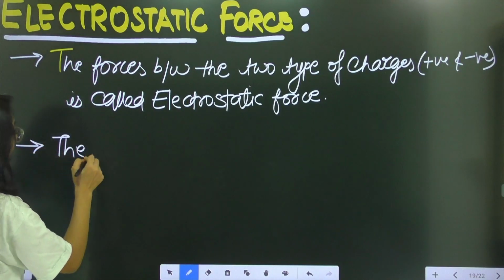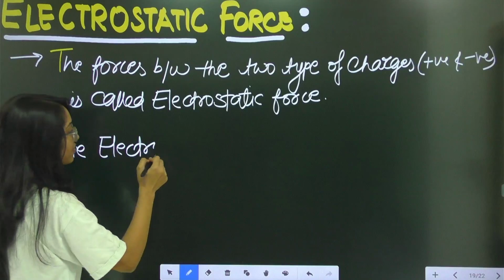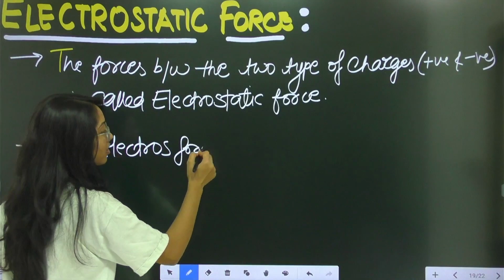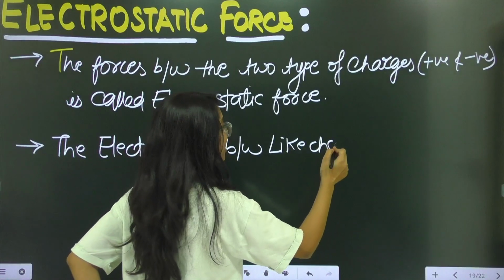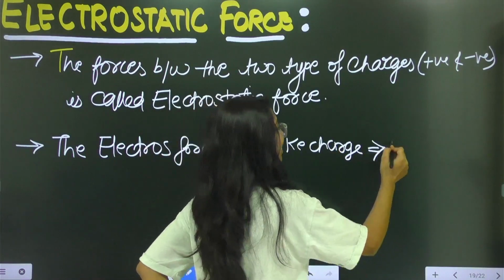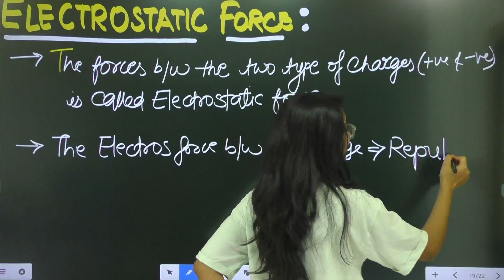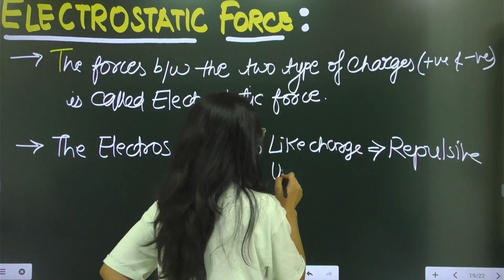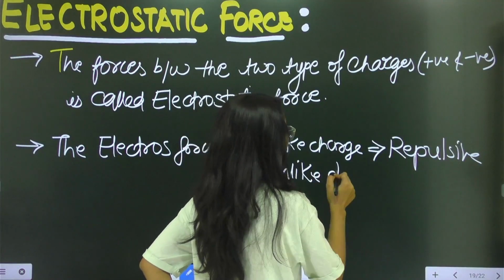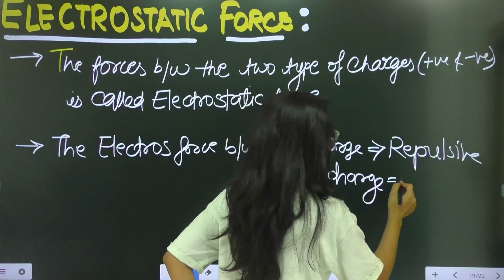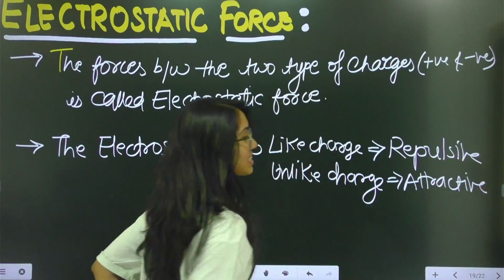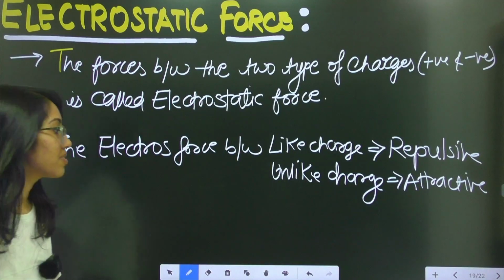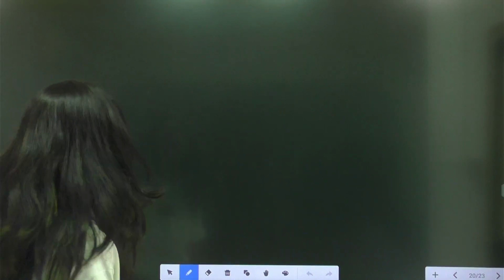The electrostatic force between like charges is repulsive, and between unlike charges it is attractive. It is super simple to remember, right? This is the fundamental knowledge about the electrostatic forces.